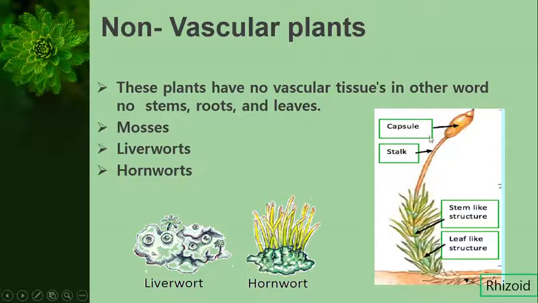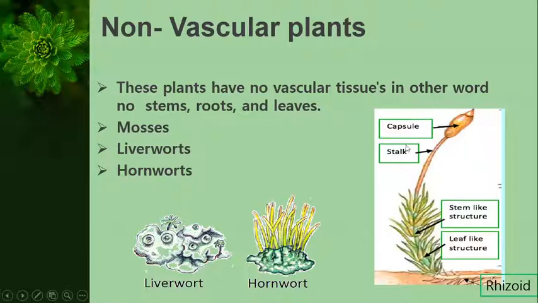As you know, we don't have any leaves, roots, and stems. Instead of these structures, here we have the capsule, the sac-like structure that holds the spores. This structure is responsible for reproduction of the plant.